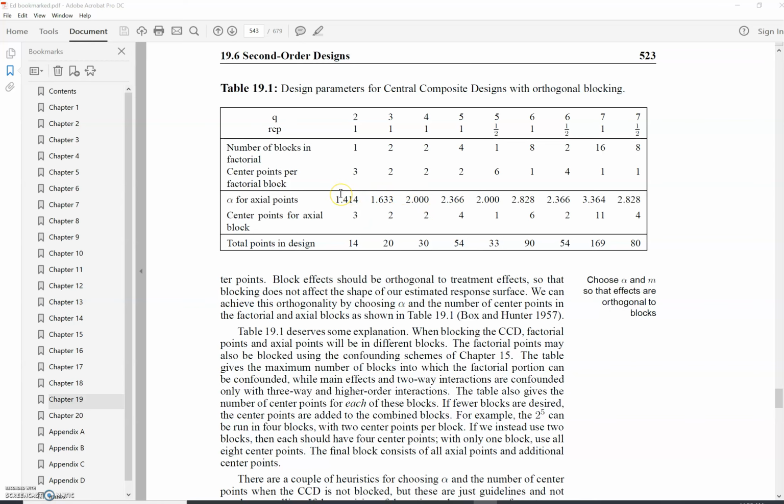From the theoretical model, we get our axial points as 1.414, and the number of blocks in the factorial is 1. The center points per factorial block is again 3. So we're going to make use of this design.